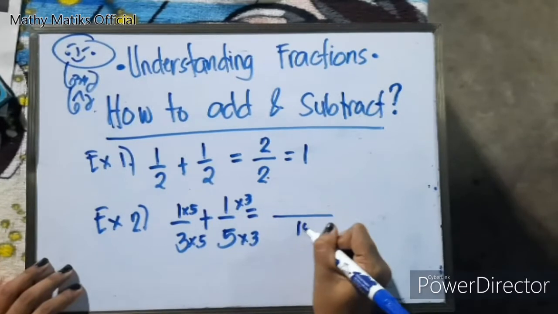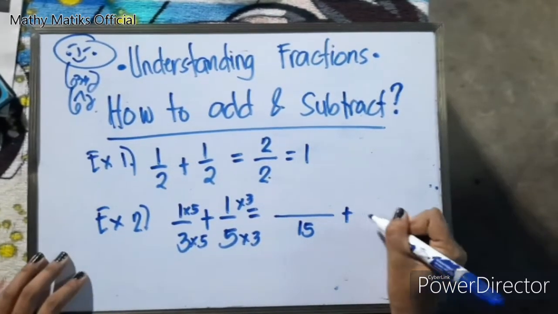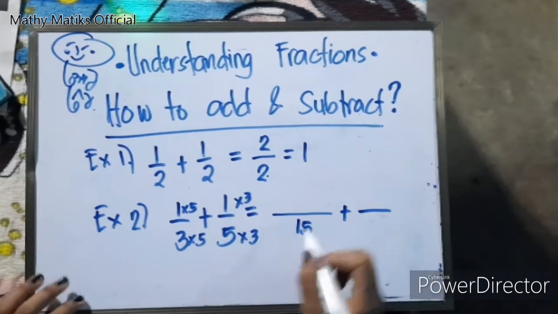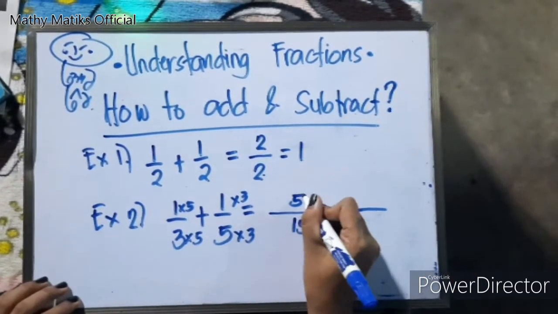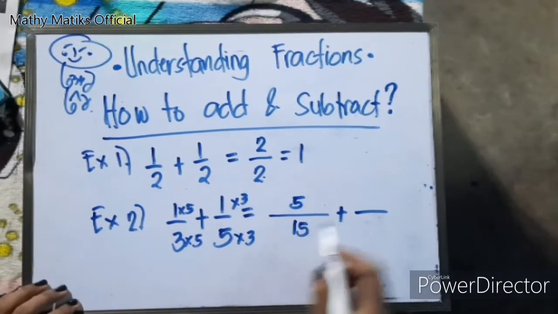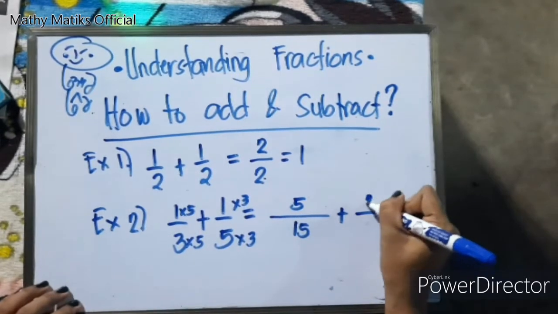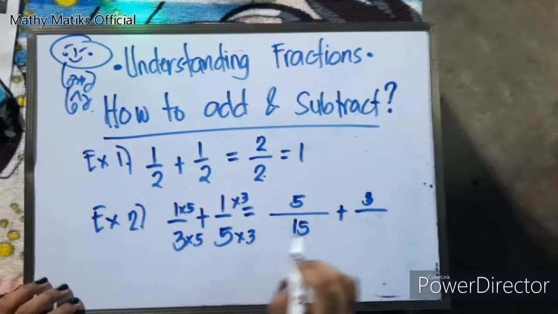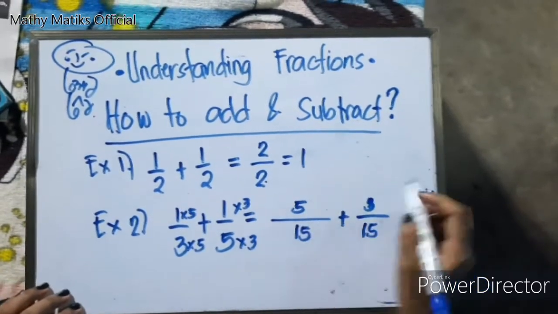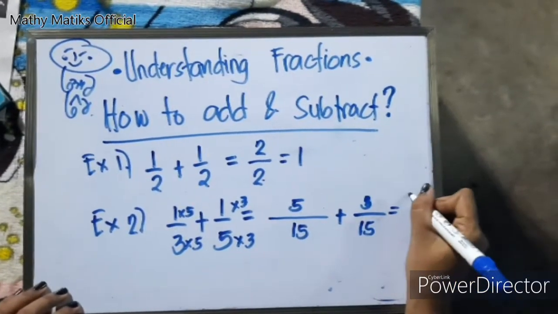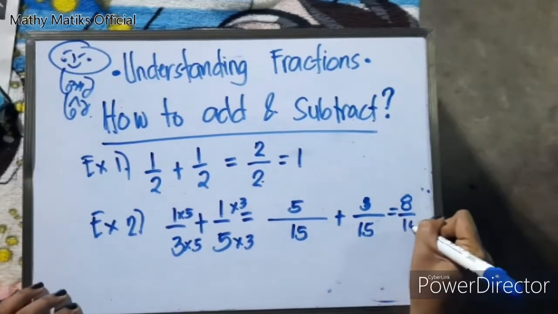We have 1 times 5 is 5, and 3 times 5 is 15, plus 1 times 3 is 3, and 5 times 3 is 15. Now you can add directly. That's 8/15, and that's our answer.